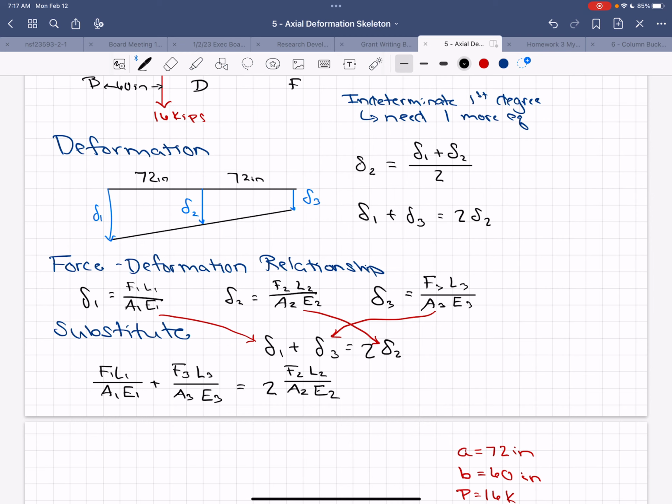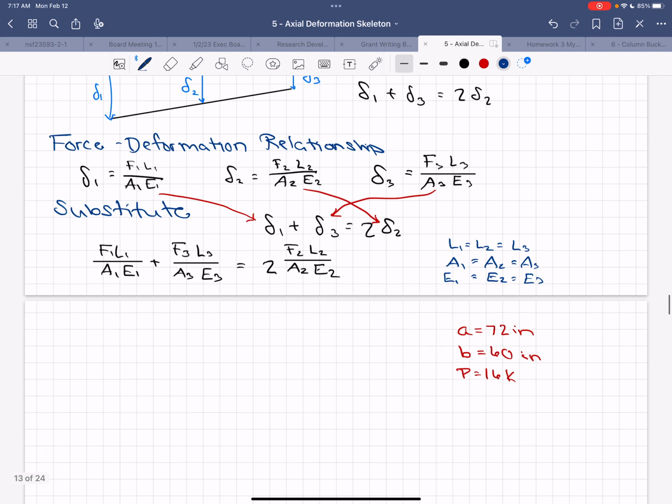Now remember that L1 equals L2 equals L3, A1 equals A2 equals A3, E1 equals E2 equals E3. So that means that we could write this.